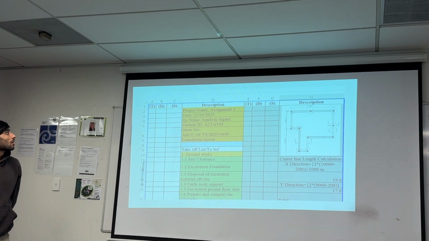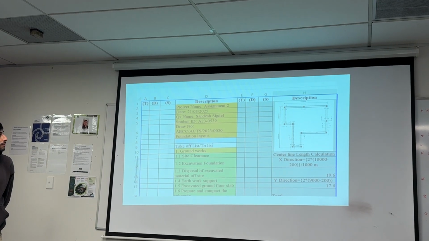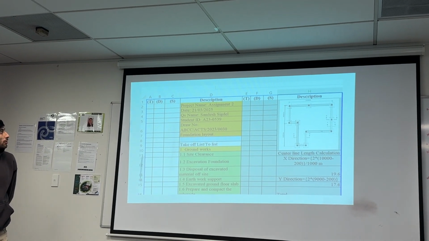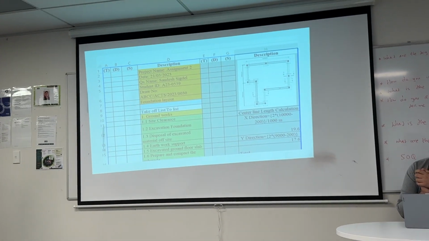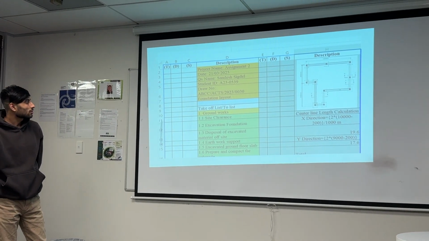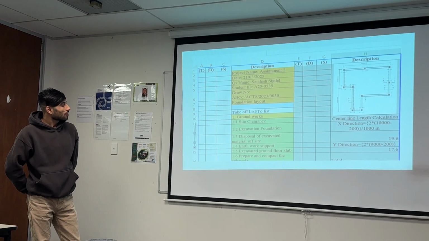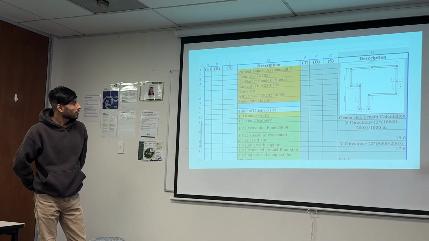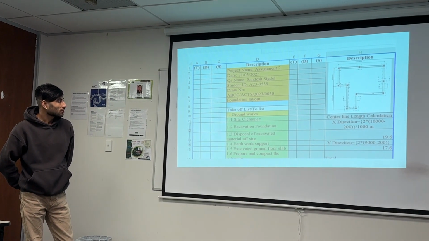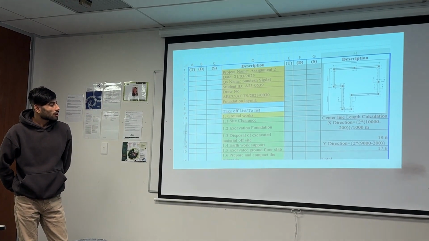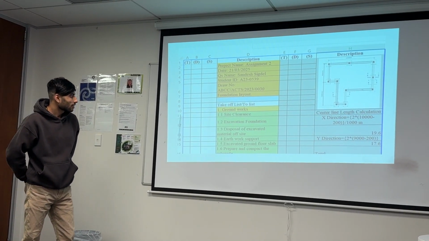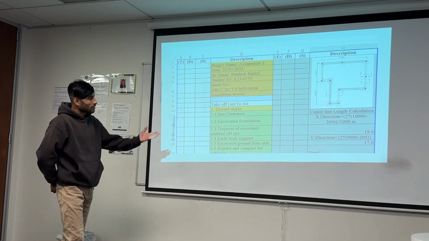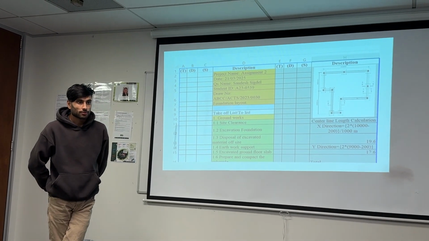We need to add the project name, date, and the QS name, and in the description we need to list out the takeoff list of what we need to do for that project. First one is the groundwork, concrete work, and reinforcement. This is the example of that spreadsheet.